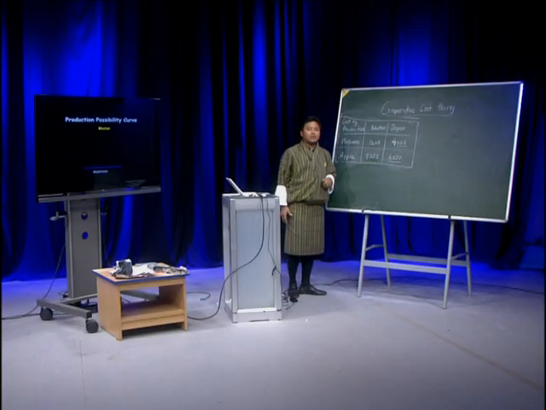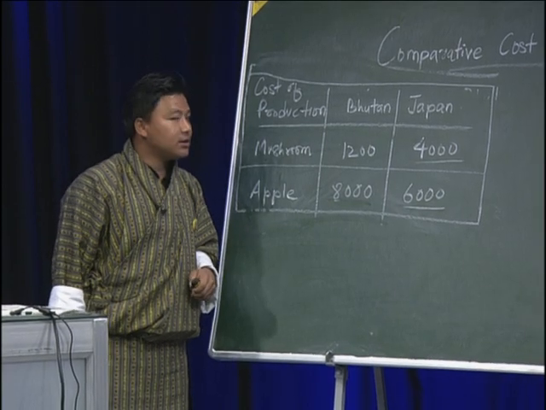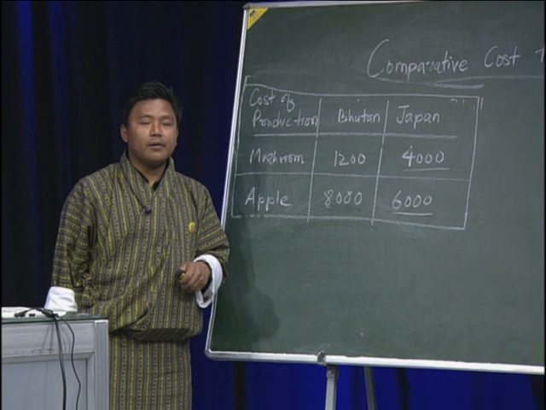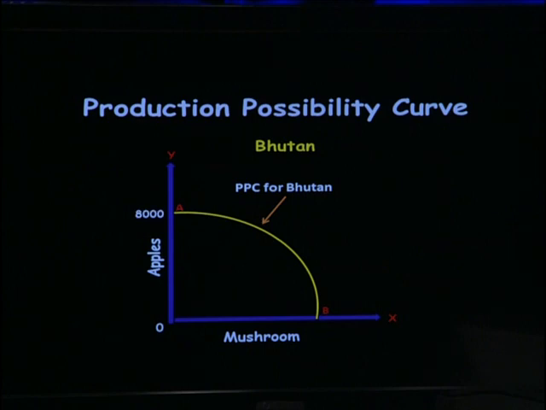On the x-axis we have mushroom and on the y-axis we have apple. 0 is the point of origin and this is the production possibility curve for Bhutan. In this production possibility curve, we know that the maximum amount of apple that Bhutan can produce is 8,000 kg.